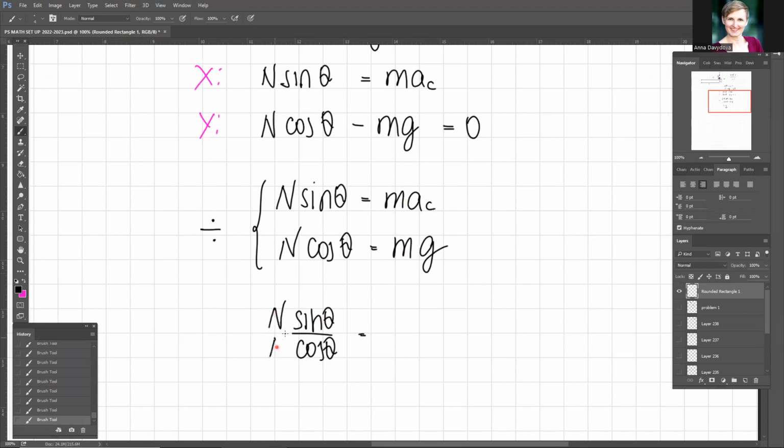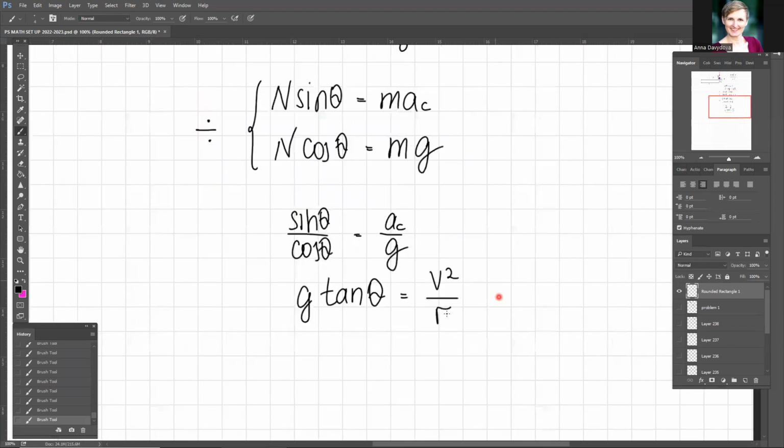So this cancels and that cancels, so I'm not even writing any of them. So it's only AC and g. Sine over cosine is tangent. And AC is V squared divided by R.